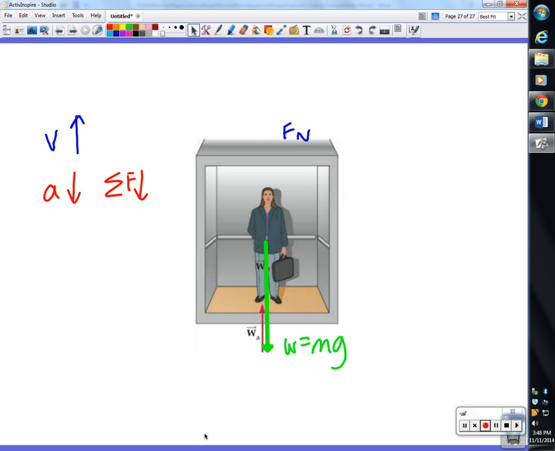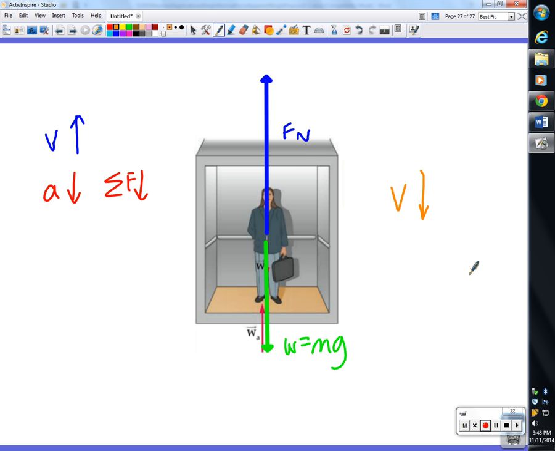Now, to slow you back down at the bottom, that normal force needs to come back. And it doesn't just need to come back, it has to get bigger. Because on the way down, you have a velocity in this direction.